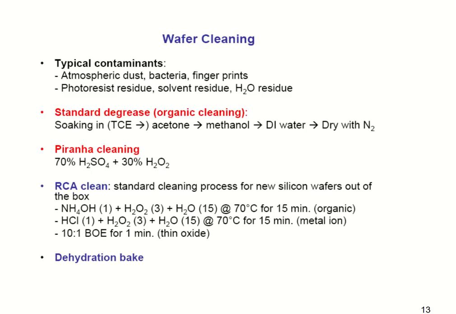So for organic cleaning, usually you soak in TCE, which is a kind of solvent, or acetone. Then you put it in methanol, then clean it in DI water, and then dry the wafer with the nitrogen gun. So that's a standard way of cleaning.